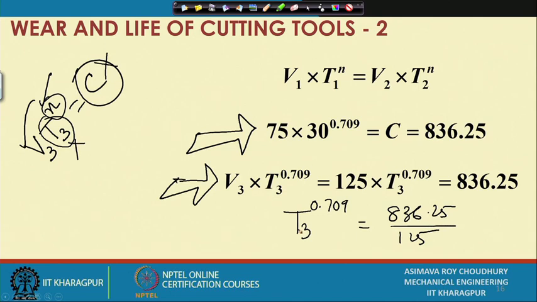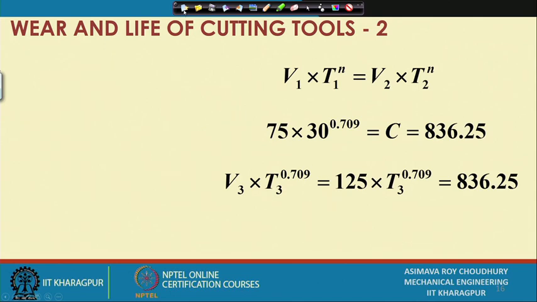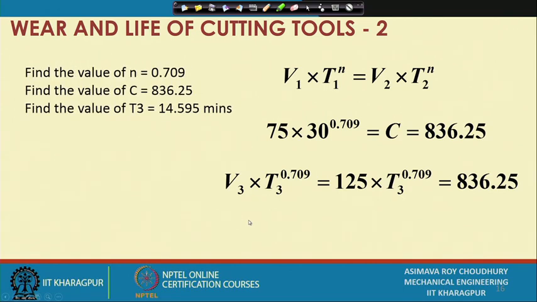Let me see what value I had obtained. Yeah, I obtained a value of 14.595. I obtained this particular value of 14.595.